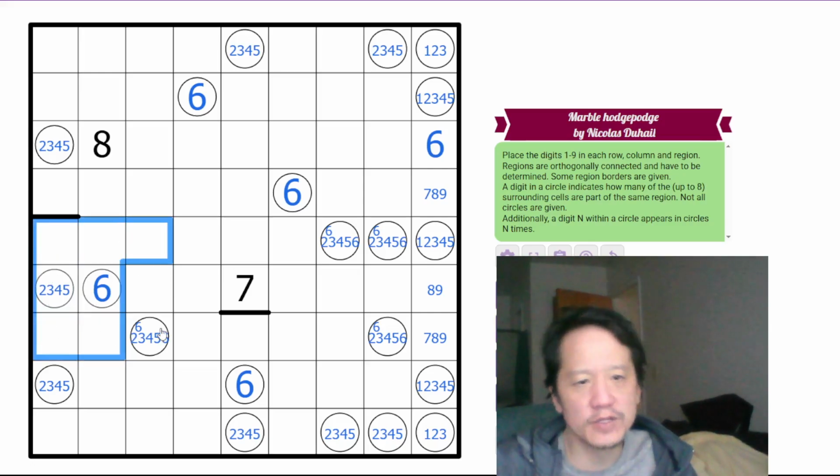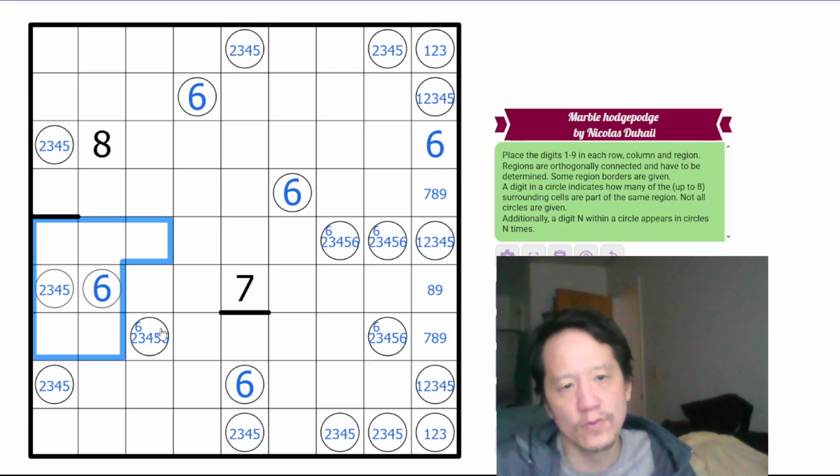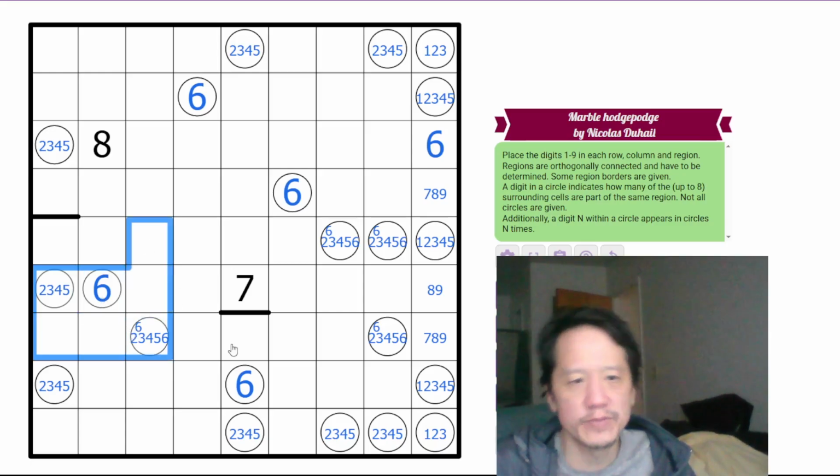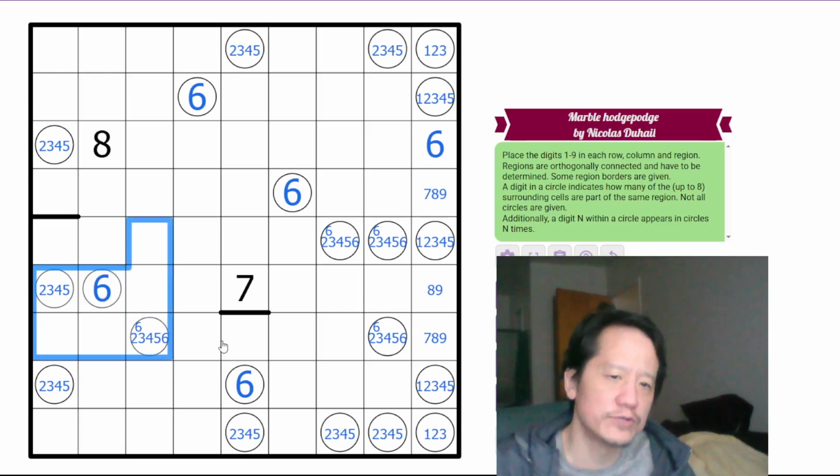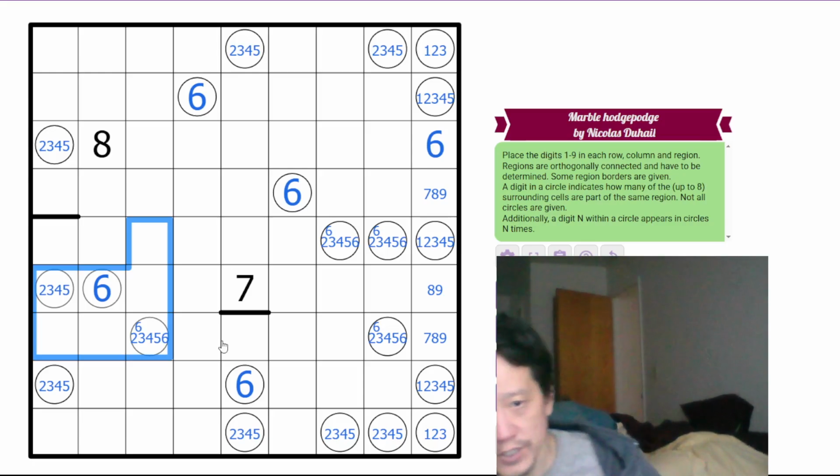So it could be something like that. It could be something like that. That means there's 2 other digits in this region.